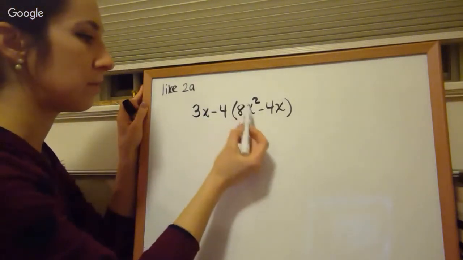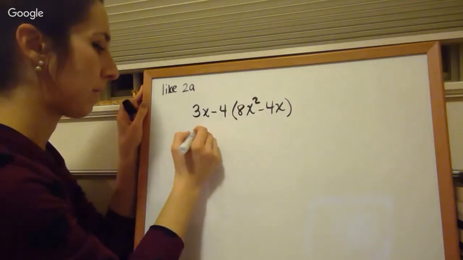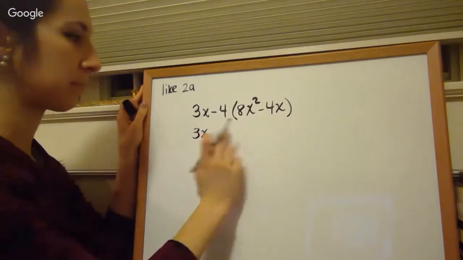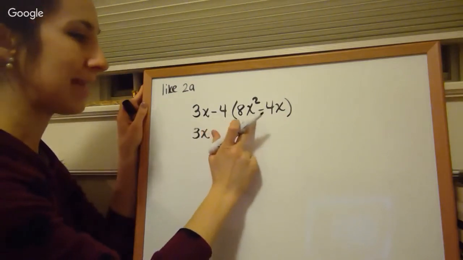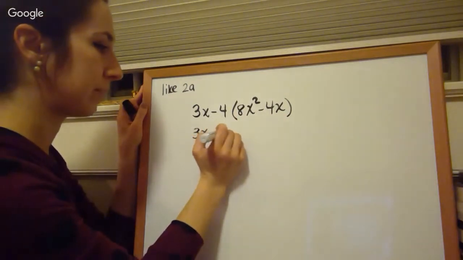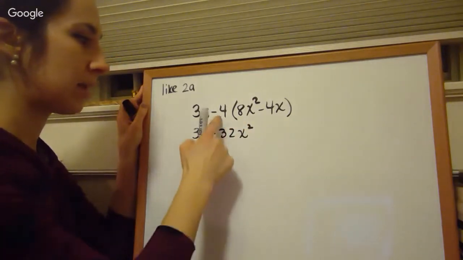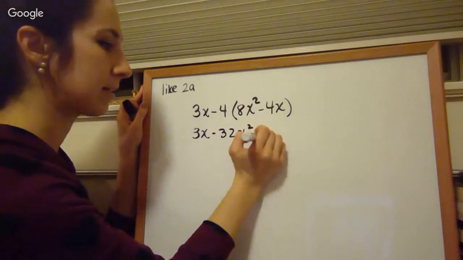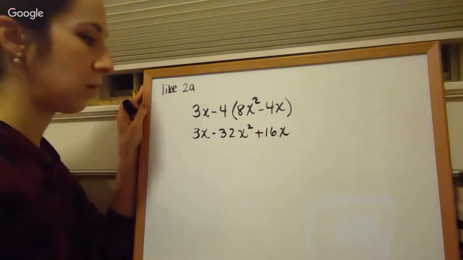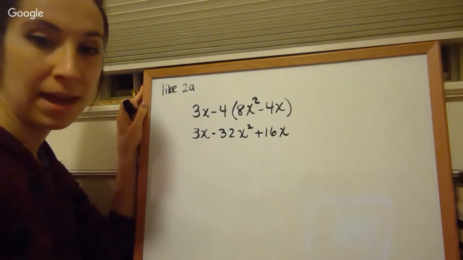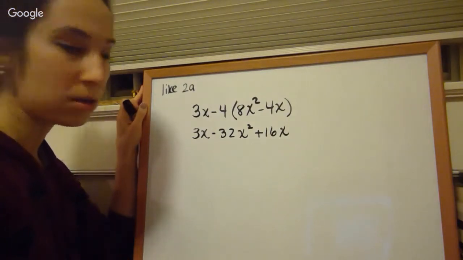So you're going to distribute the 4. You can actually do the -4 into this whole entire expression. So -4 times 8x squared, -32x squared, and then a -4 times a -4x is 16x. Okay, so now all the terms are completely out of parentheses, and we would combine like terms.